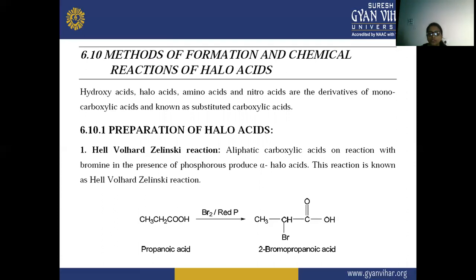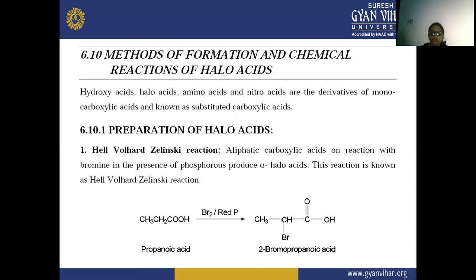On the first position from the functional group, where the functional group is attached, that position is your alpha position. So that is why its name is alpha bromopropanoic acid, or you can say 2-bromopropanoic acid.